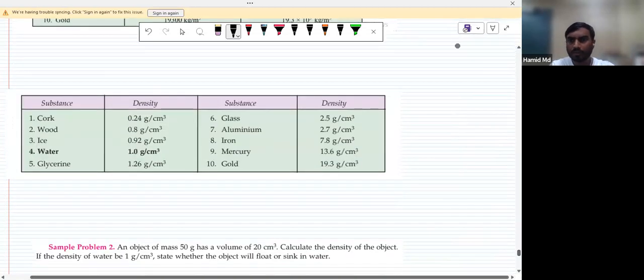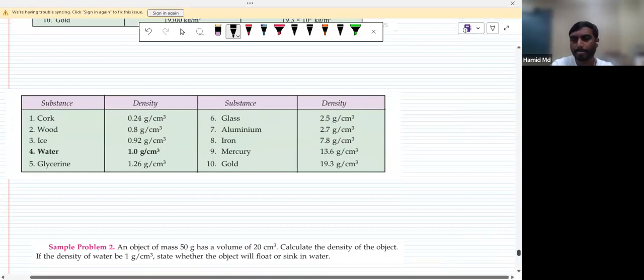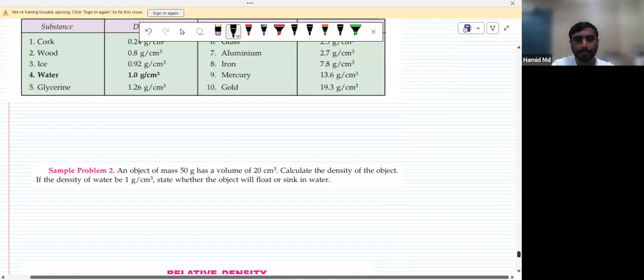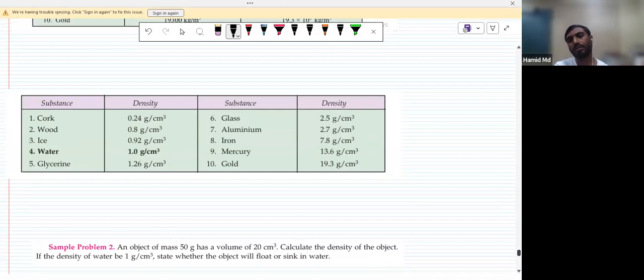It's the same thing, but putting the numbers in gram per centimeter cube. So we don't have to worry much about it. Now you have a question. An object of 50 gram has volume 20 centimeter cube. Calculate the density of the object if the density of water is 1 gram per centimeter cube.